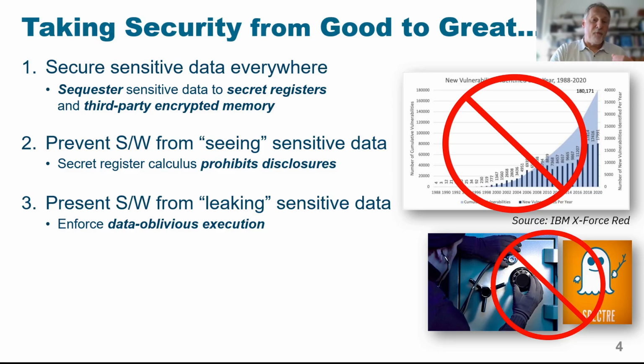This is done by enforcing in Mojo-V only the instructions executing out of the secret registers, enforcing what's called data-oblivious execution. That's where the instructions that are executing on that sensitive data are guaranteed by the underlying hardware not to reveal by their timing, their conflicts in the cache, their microarchitecture usage, what the information they are computing upon. And that's a very simple change in the microarchitecture to do that.